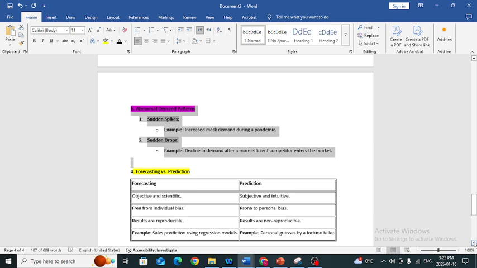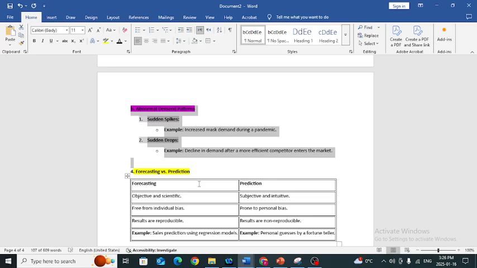So for the forecasting, I want to have some conclusion for you. But before this, I want to have a comparison of forecasting vs prediction. What's the difference between forecasting and prediction? Most of the time, some people make a mistake between forecasting and prediction.